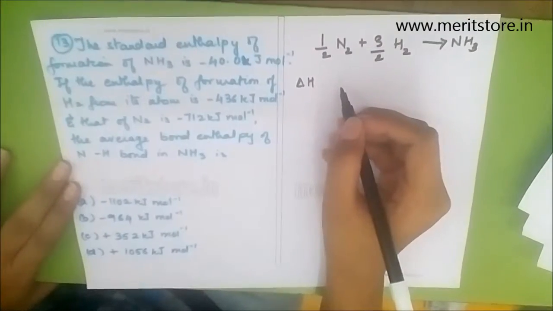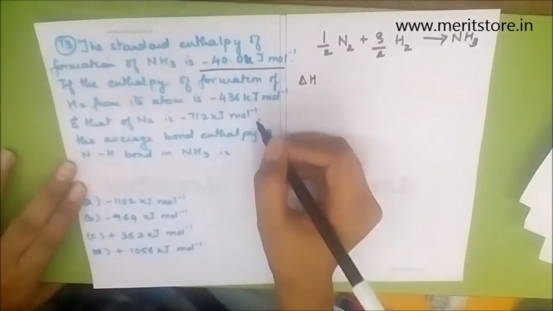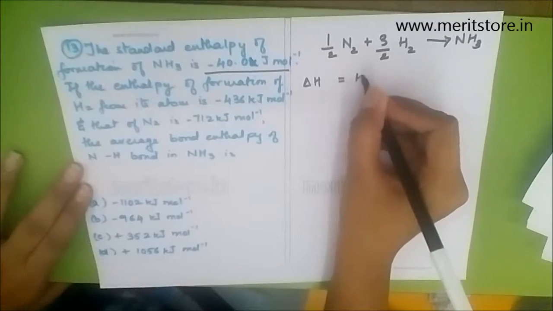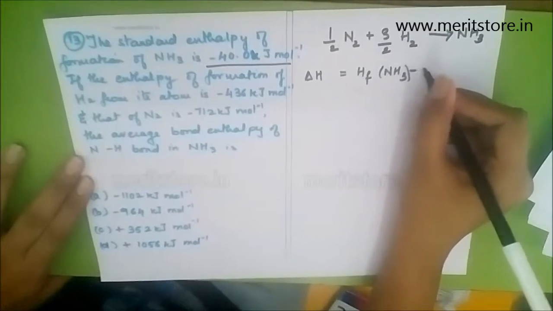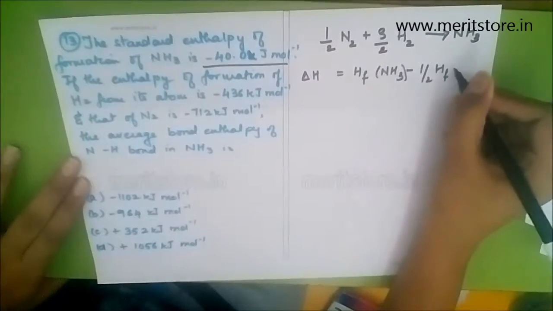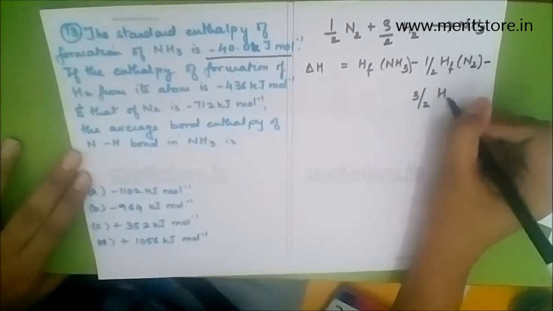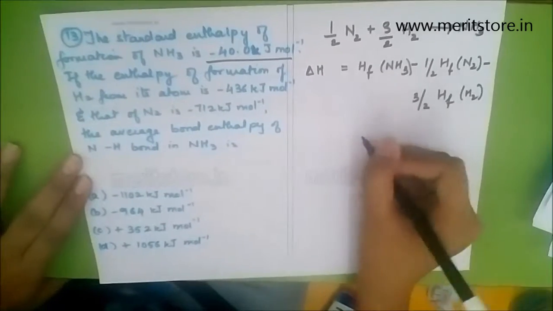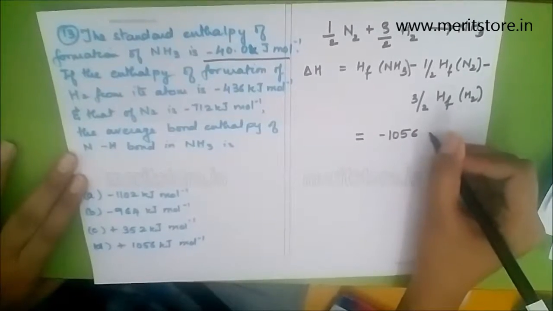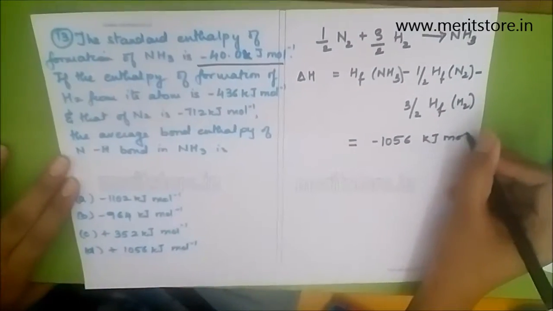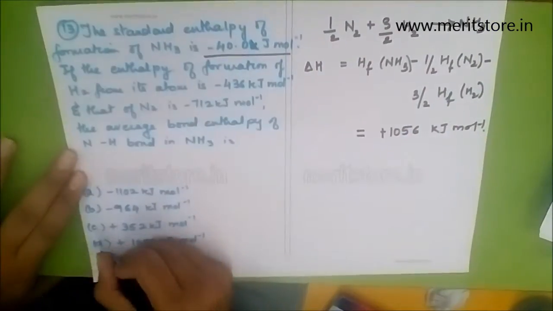Going for the standard enthalpy of formation, that is minus 40.0 joule, the enthalpy of formation can be given by enthalpy of formation of NH3 minus enthalpy of N2 molecule minus 3 by 2 enthalpy of H2 molecule, which gives us the final answer of 1056 kilojoules per mole on substituting the values, and the correct option is D.